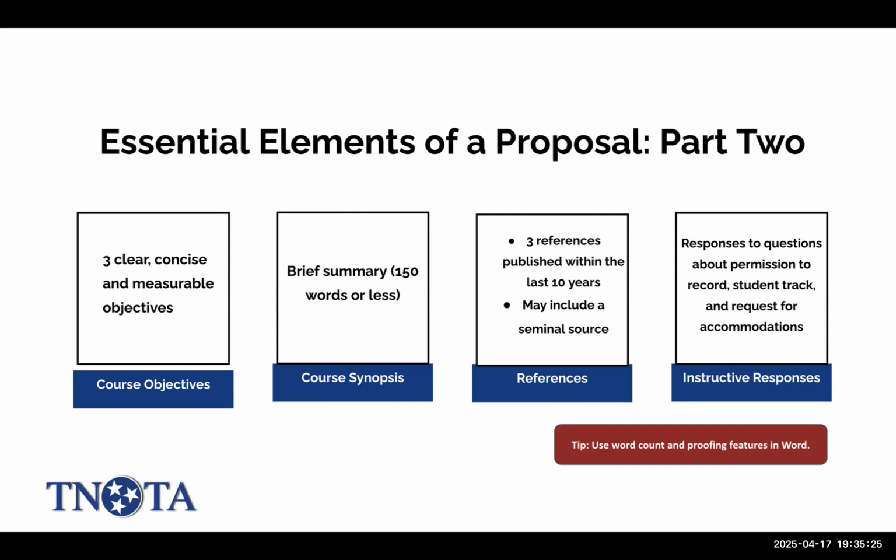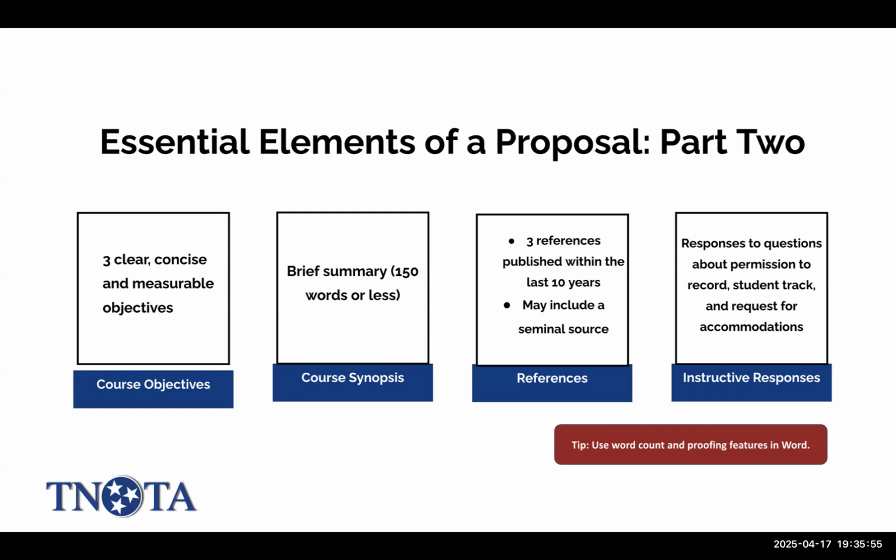So part two of the essential elements, the learning objectives. Again, this is what you want anyone who comes to your session to get out of it. TNOTA asks for 3 learning objectives for each session. And the biggest glitch, I think, with this is that people will write objectives that are either for the speaker or presenter or that are not measurable.